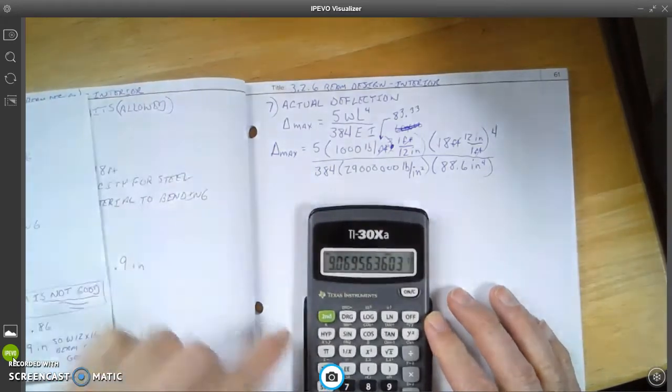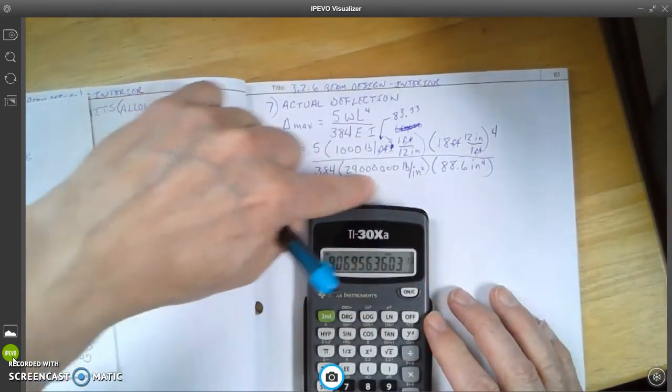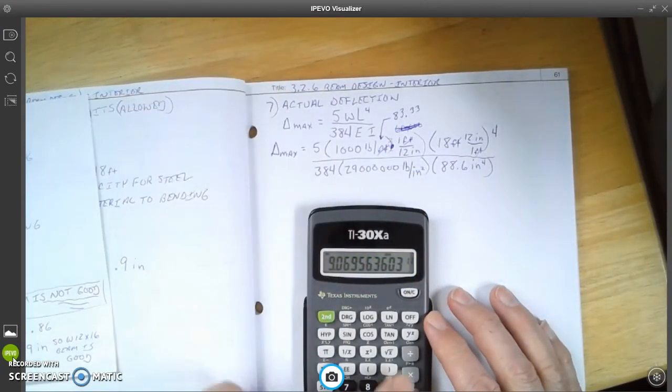Now what I'm going to do is start dividing this. I can calculate all of this out, or I can just take it as individual pieces.